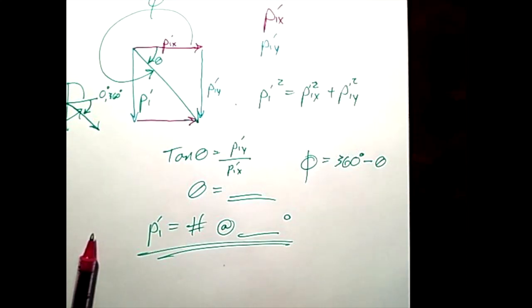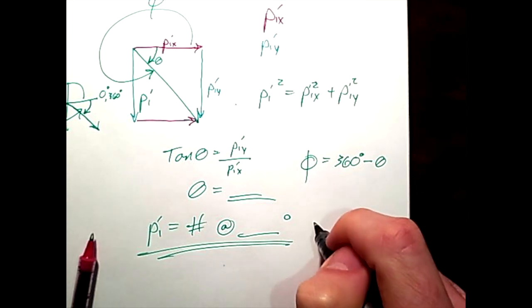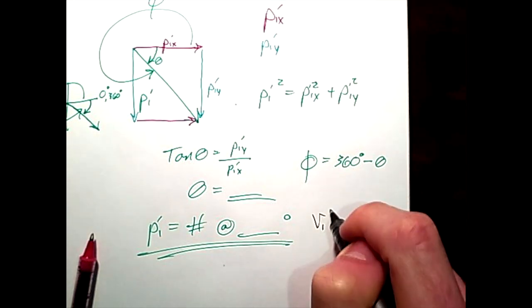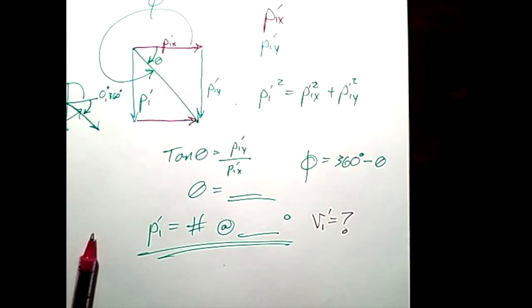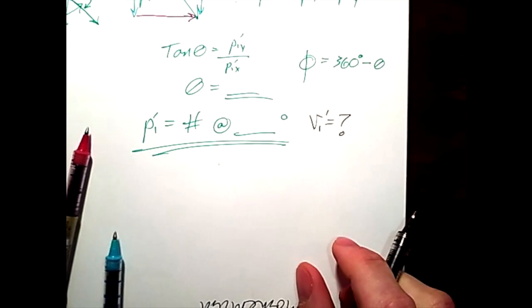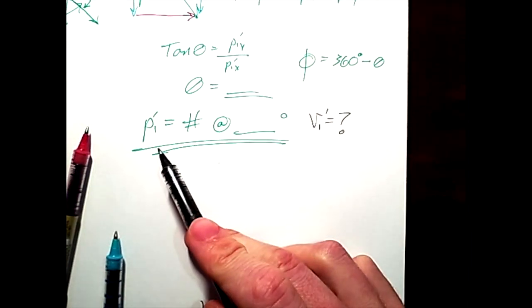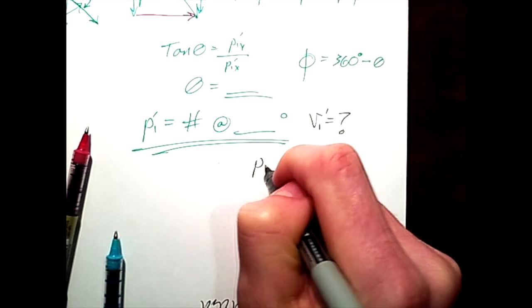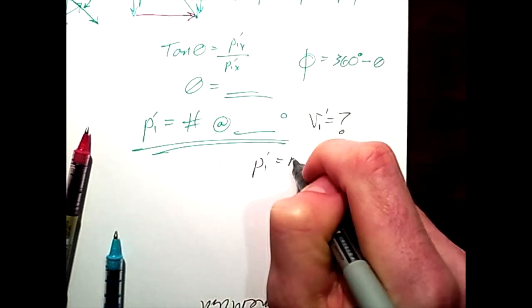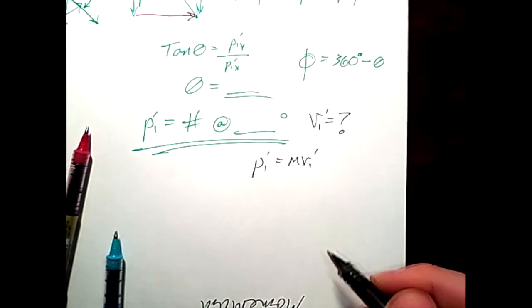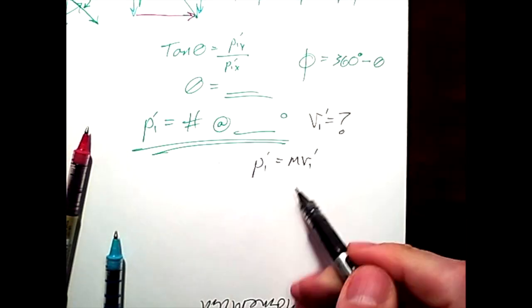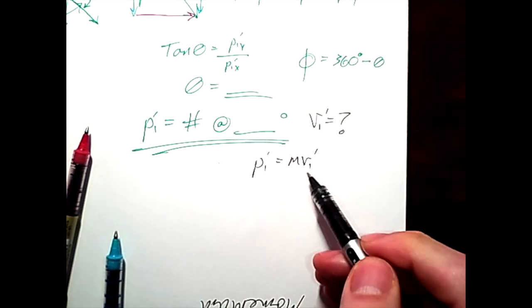Now, did I answer the question? Well, what was the original question? The original question was, what is V1 prime? Well, can I solve for V1 prime now that I have P1 prime? Of course. P1 prime is M times V1 prime. Now, this will just use the magnitude in order to solve for that number.